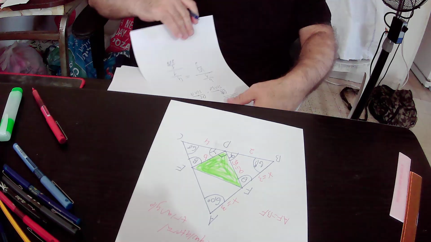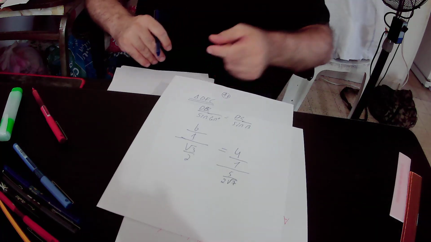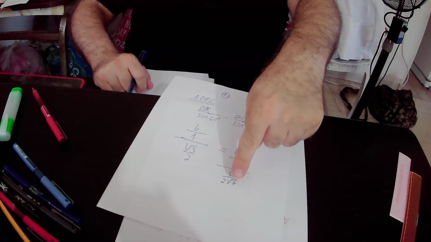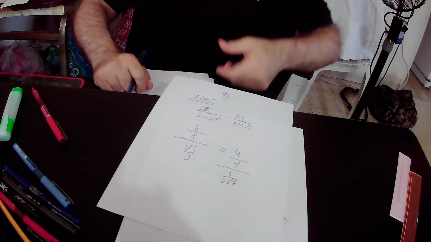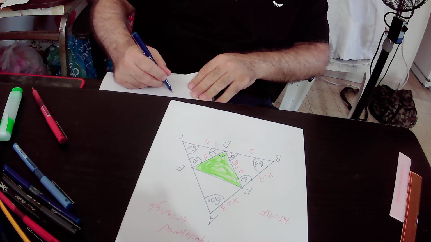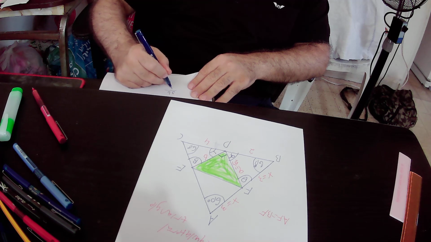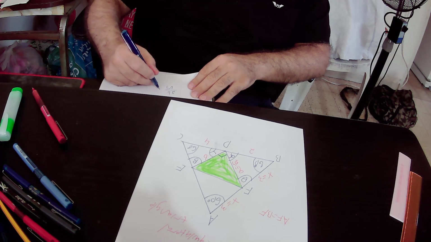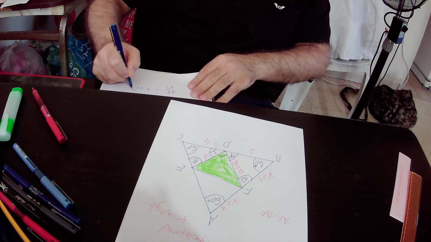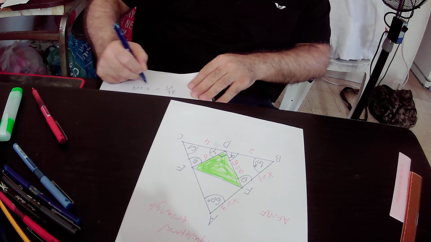Okay, in total we got that b over root of 3 over 2 equals 4 over 5 over 2 times root of 7. We'll do the simple arithmetic here, and we will get that 2b over root 3 equals 4 times 2 times root of 7 over 5.